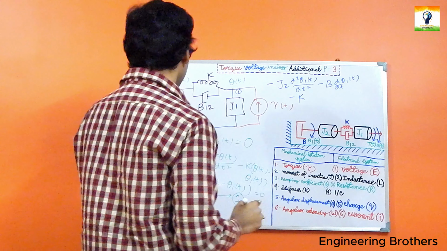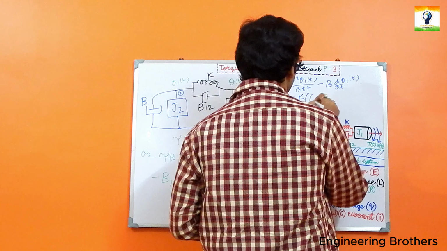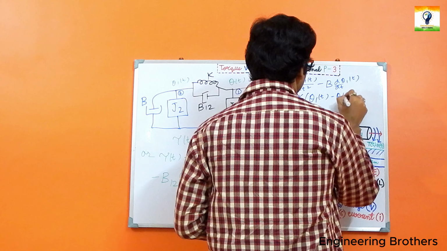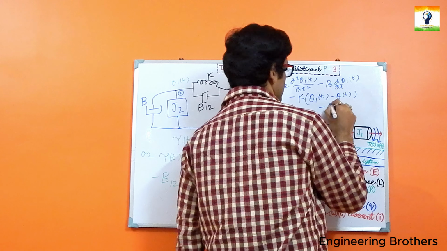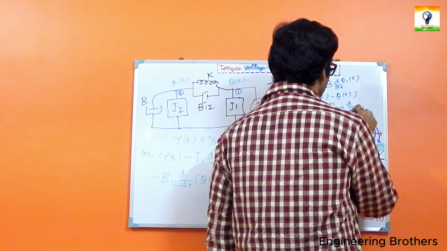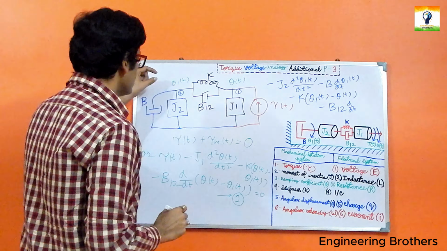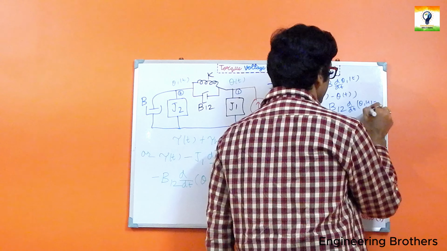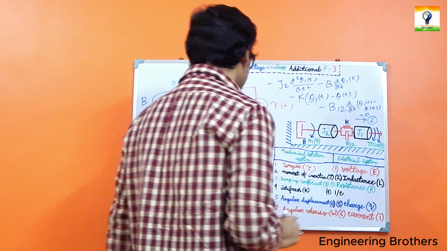In this case, as we are taking 2 as our reference factor, the equation will become theta 1t minus theta t, and finally minus, taking the next common factor, which is B12, d dt of theta 1t minus theta t, as we are taking 1 as our reference factor, which is equal to 0. So this is going to be our second equation.